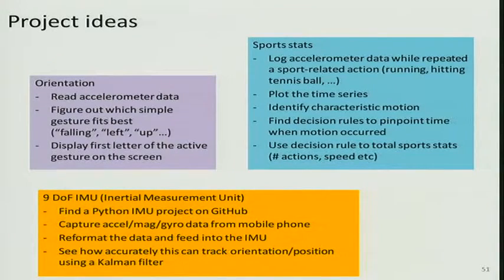And if you're enthusiastic about that, then try and use your phone data to build a full 9 degree of freedom IMU system. If you want some references to where to go for further information, here are some of the things that I referred to in putting this together.